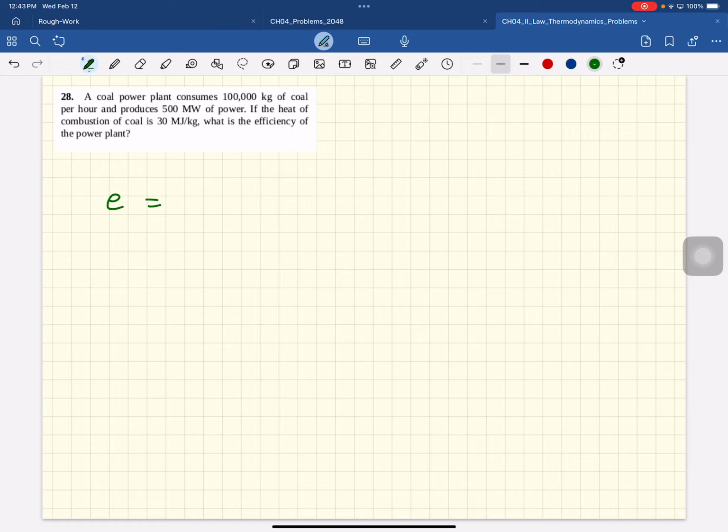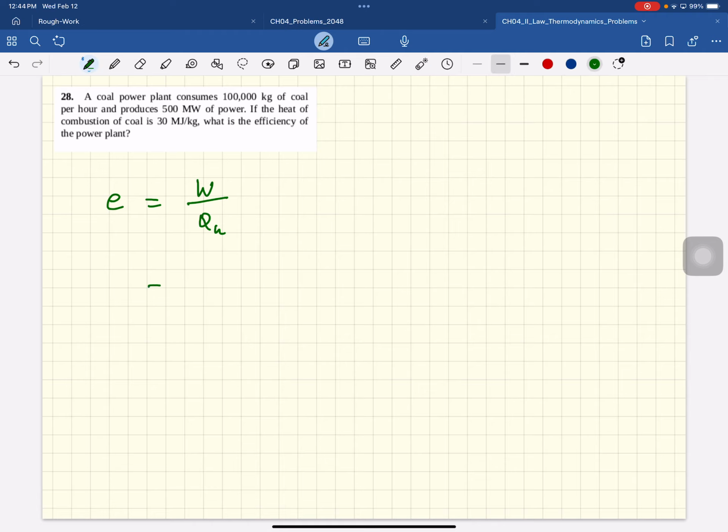The efficiency of the power plant is work divided by QH. The power plant is producing electricity, but electricity to work conversion is almost 100%, so we'll assume that's the work.